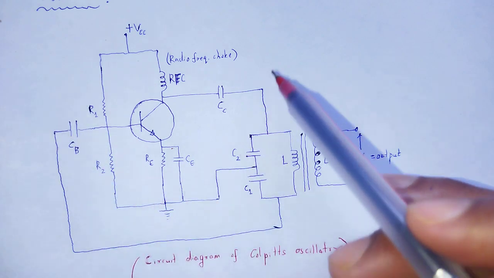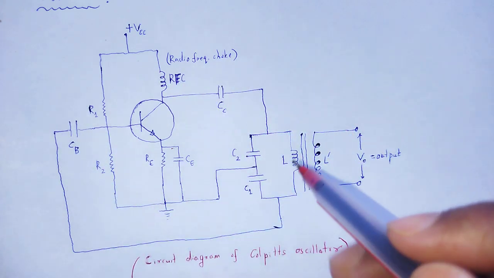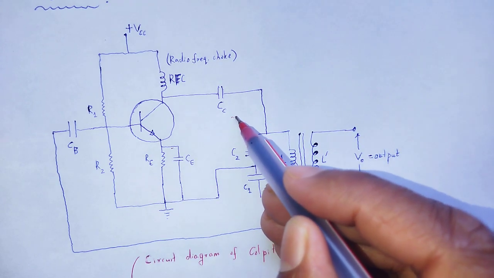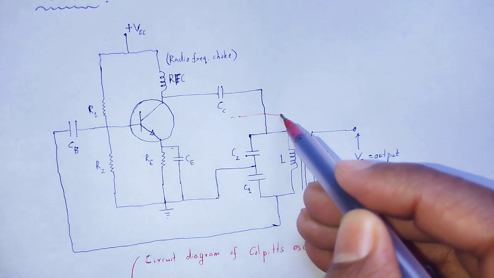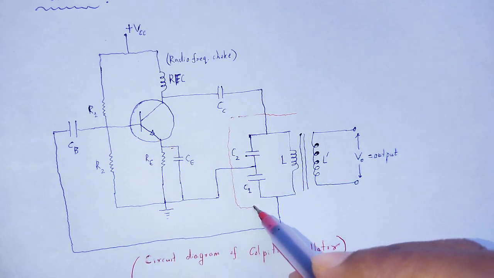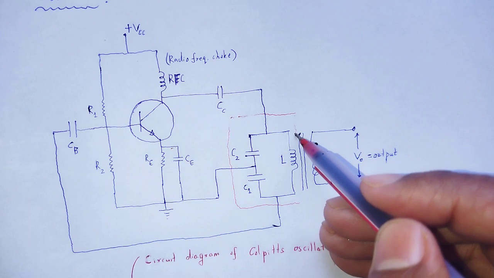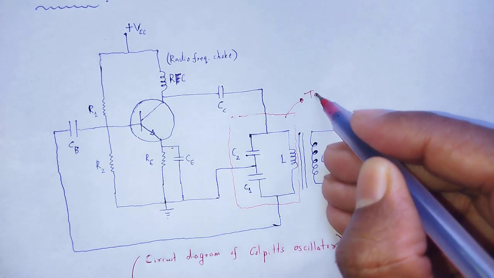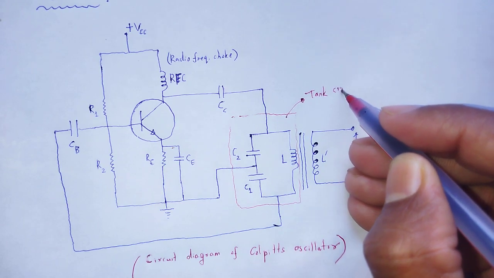This part is the amplifier. Next, this is the tank circuit.